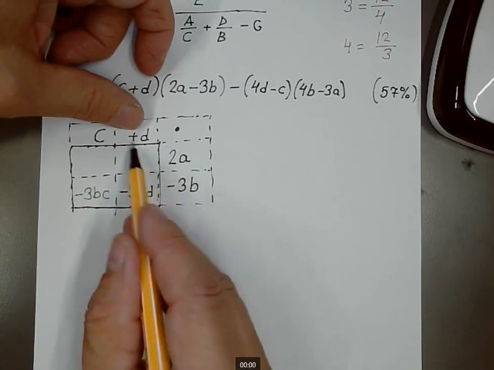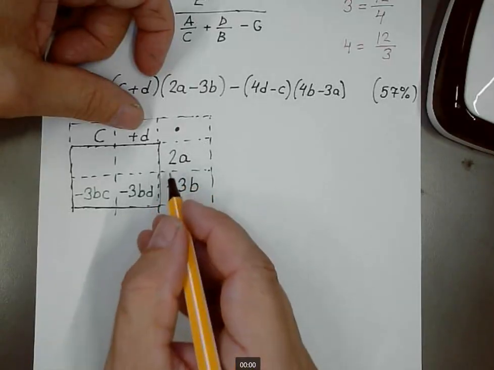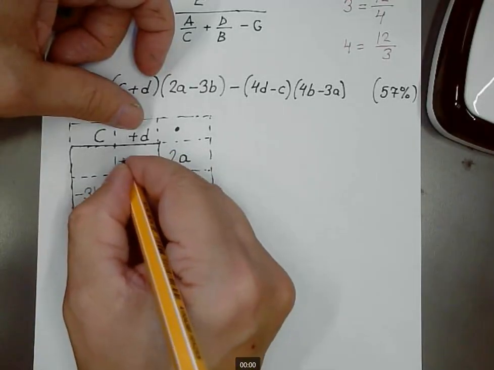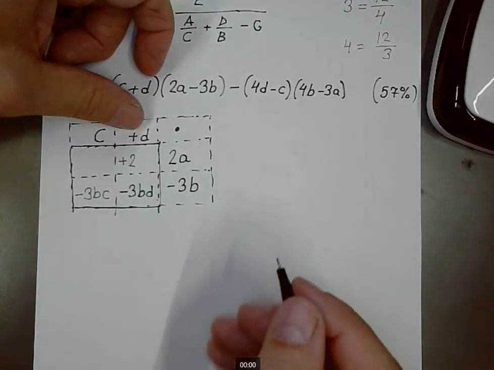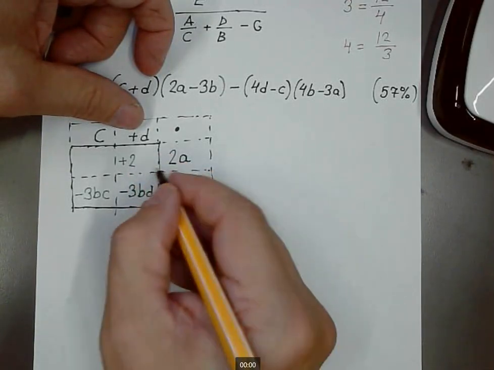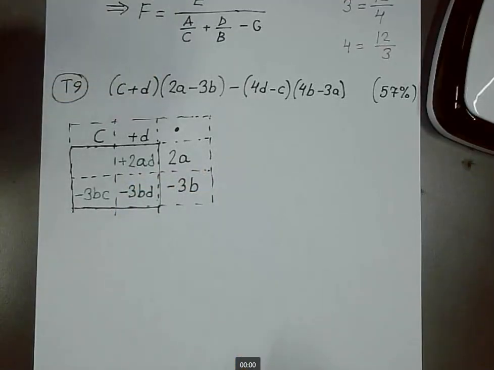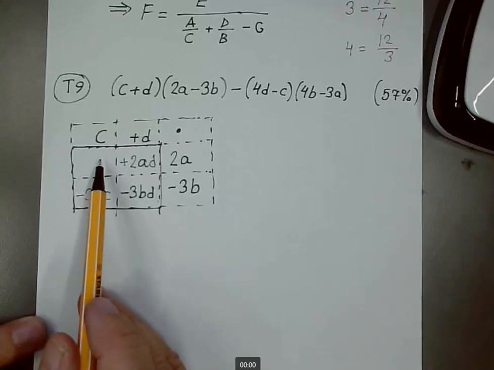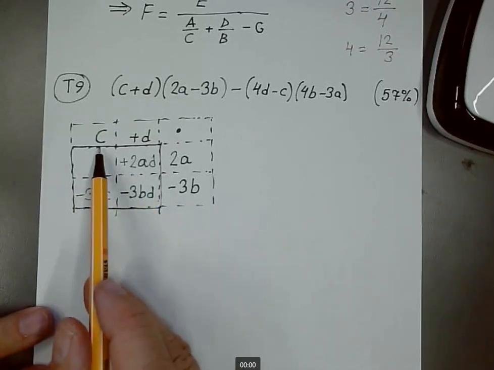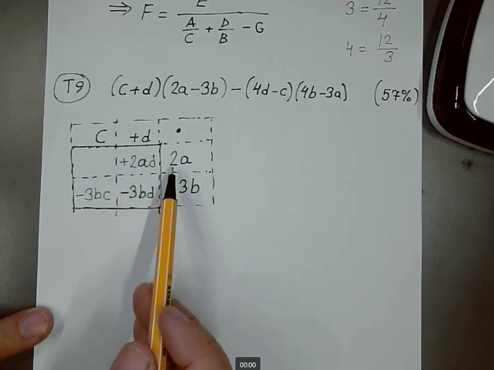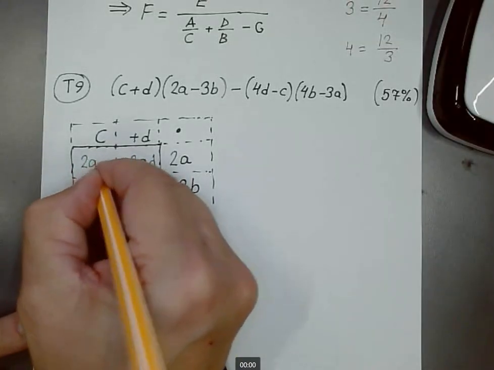There is only one number, so it is 2, and it is plus, silently plus 2, and A and D, it is AD. And the last one, or the first one, however you want to think, there are 2A times C, so it is only 2AC.